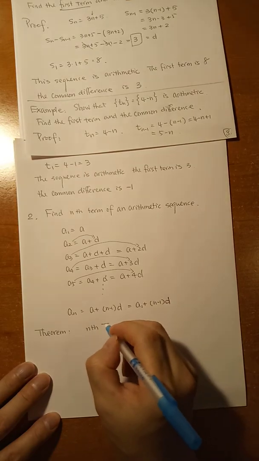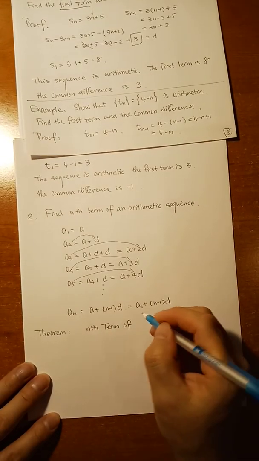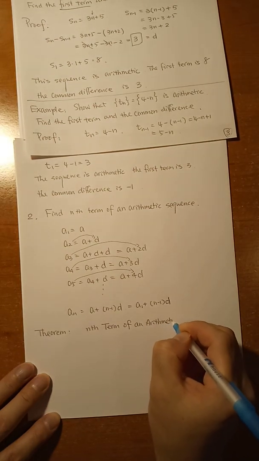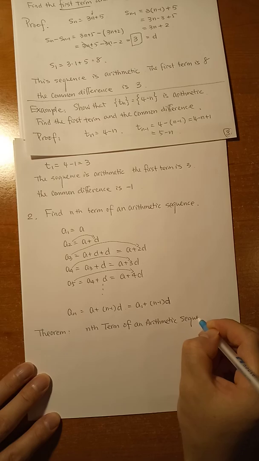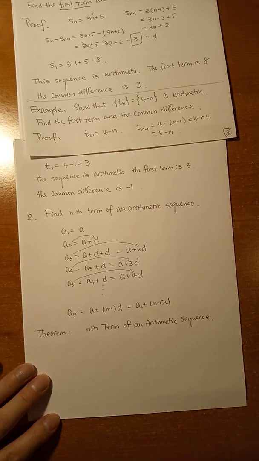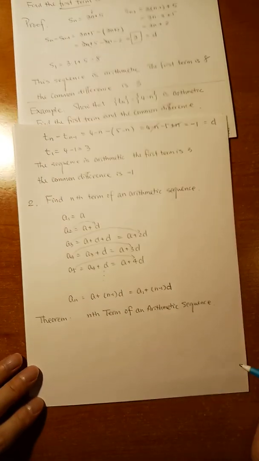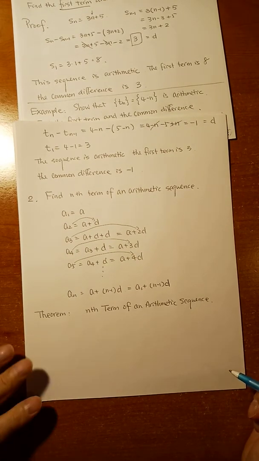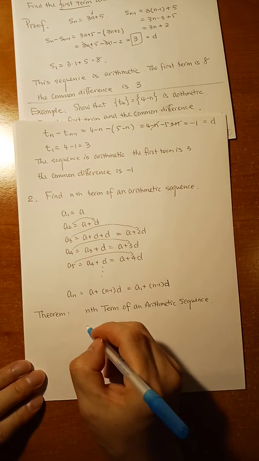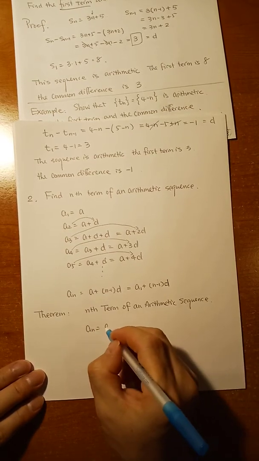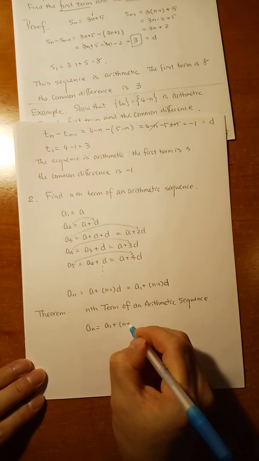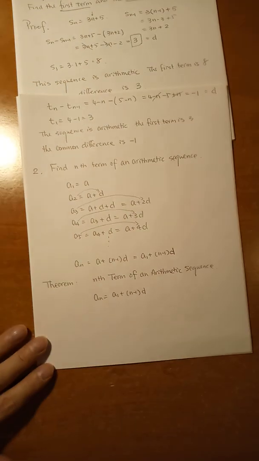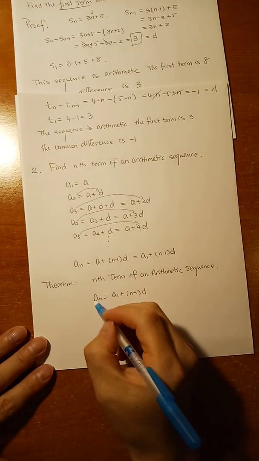The nth term of an arithmetic sequence, a sub n, is equal to the first term plus n minus 1 times the common difference. Okay, so this is the formula.